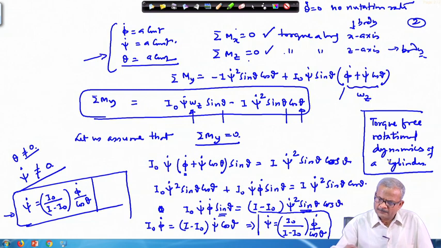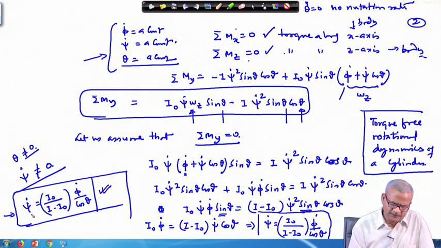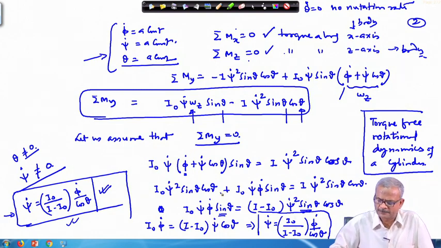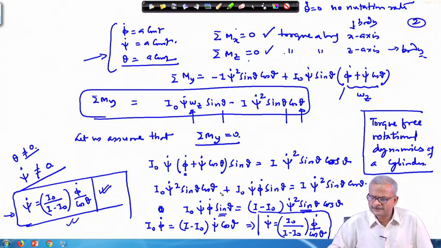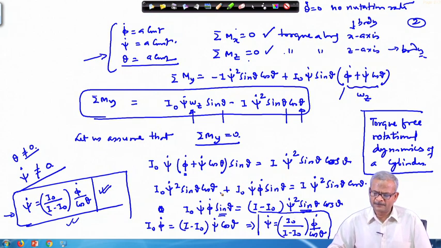So, through this route also we are getting the same result for the rotational motion of a cylinder or a disc which is free from torque. You will get psi dot equal to this quantity, the expression which is written here, which we are getting through some indirect route. So, the same problem can be solved in multiple ways.